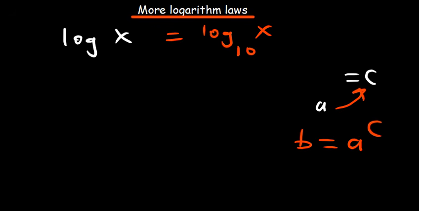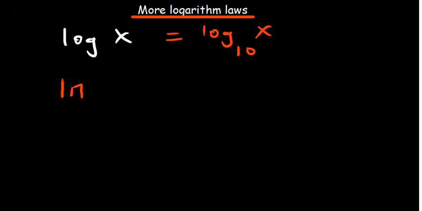The other thing that you also ought to understand is that when you see a natural log, a natural log is just equal to a log with a base, the exponential. That's what it means. Whenever you see a natural log, it's basically a log with a base of what?